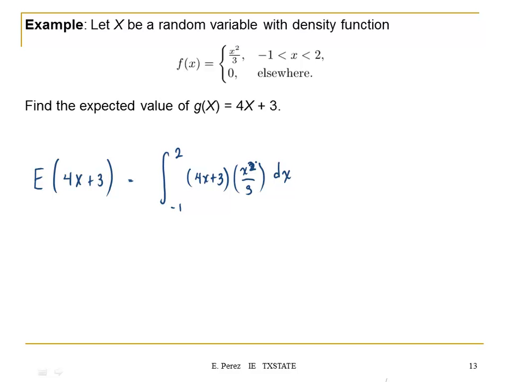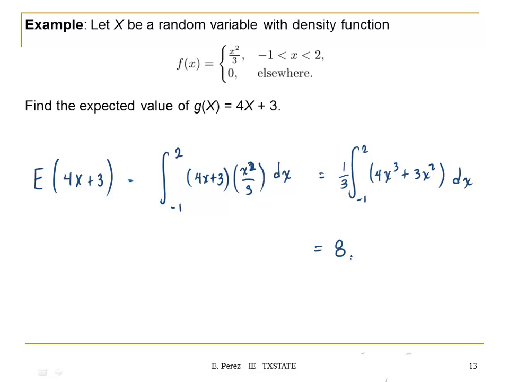That's the expression you need to solve. So this will become 1/3 times the integral from negative 1 to 2 of 4x cubed plus 3x squared dx, and the integral should be equal to 8. Same concept, this is easier to solve. Instead of looking at each outcome, just multiply and integrate.